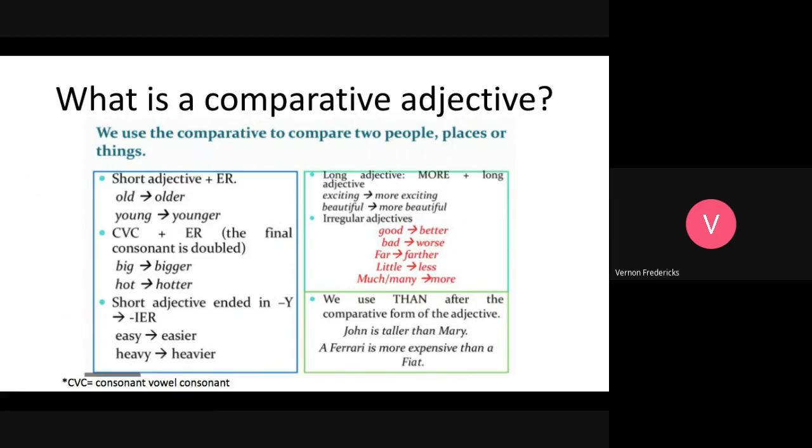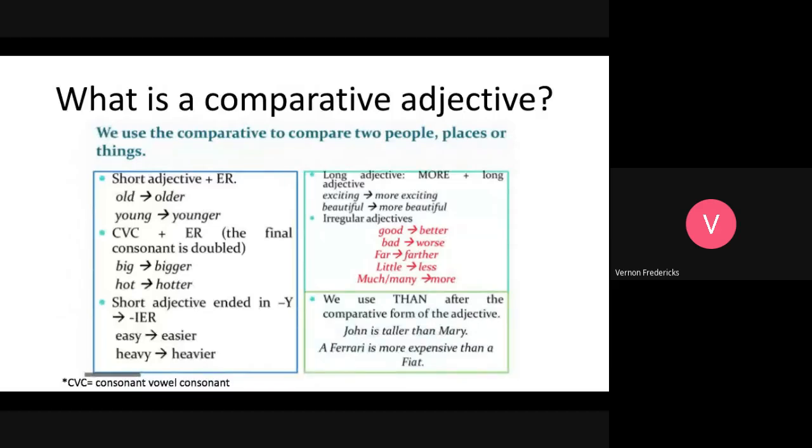Tall, taller. Shy, shyer. Number two, consonant, vowel, consonant plus -er. The final consonant is doubled. Big, bigger. Hot, hotter. Thin, thinner.